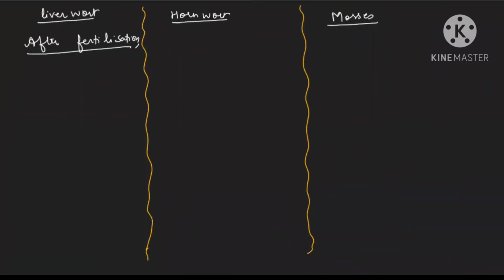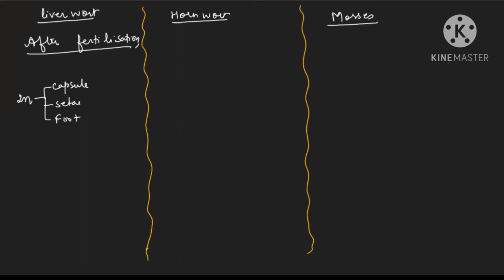Now see here, after fertilization in case of the liverwort. First of all, you know fertilization will require water, which we have already discussed in the general character slide of the bryophytes in the previous video. Okay, so after fertilization, the zygote will develop into an embryo and the embryo will develop into foot, seta, and capsule.